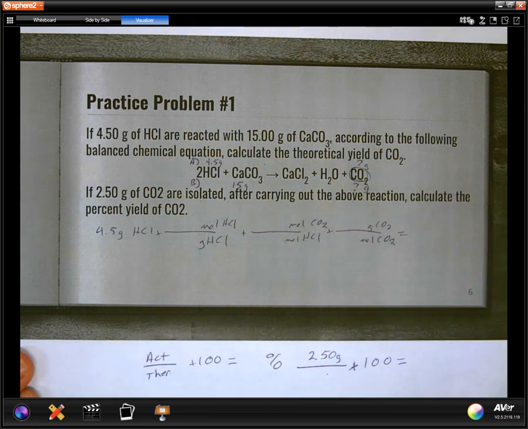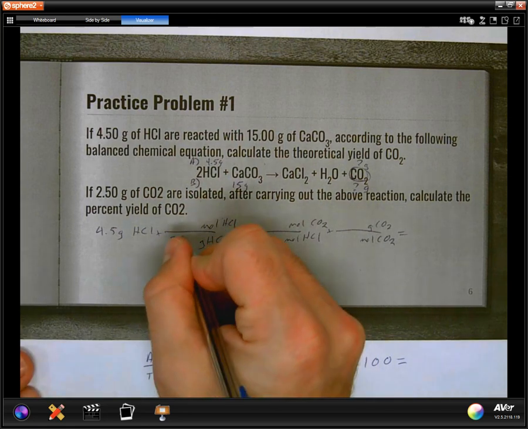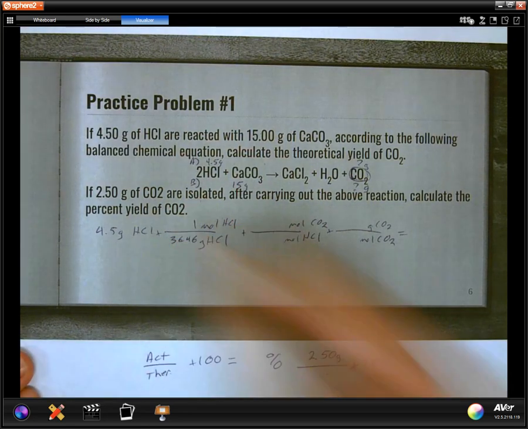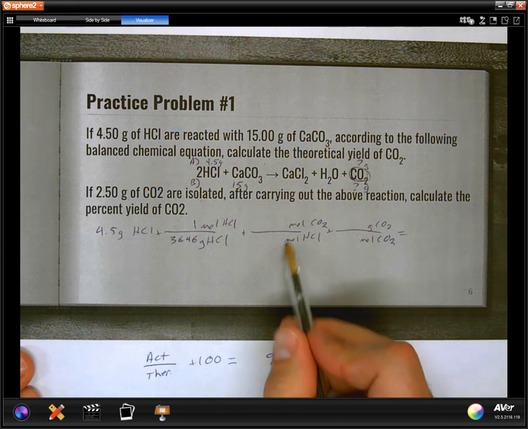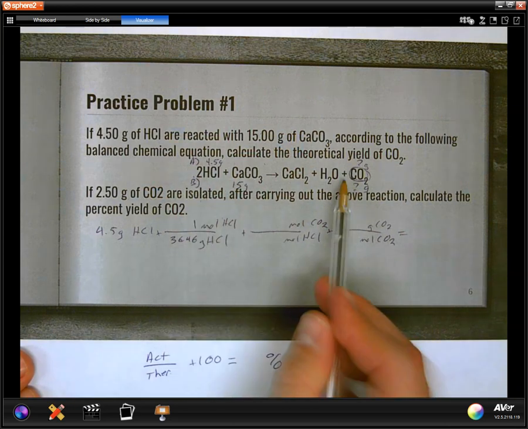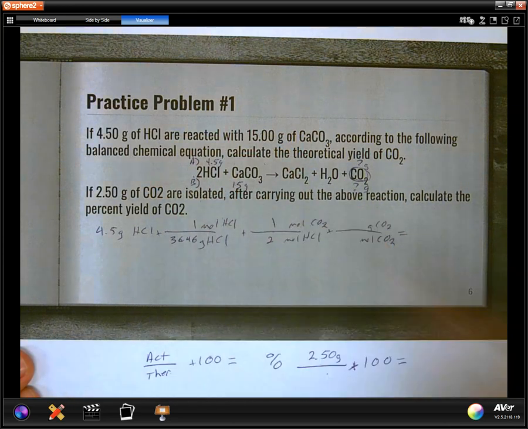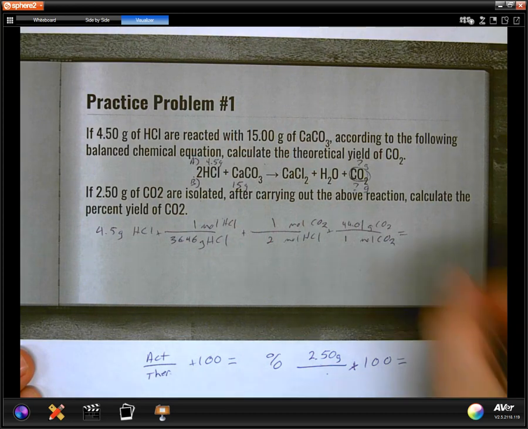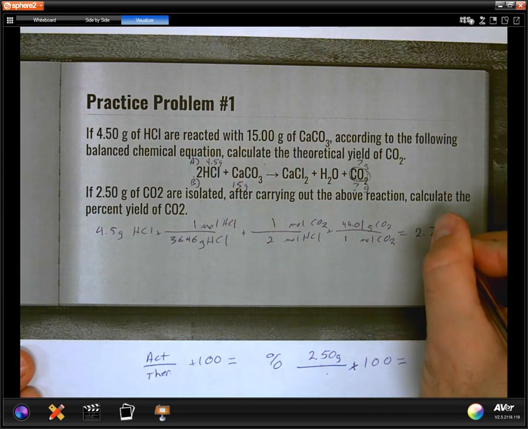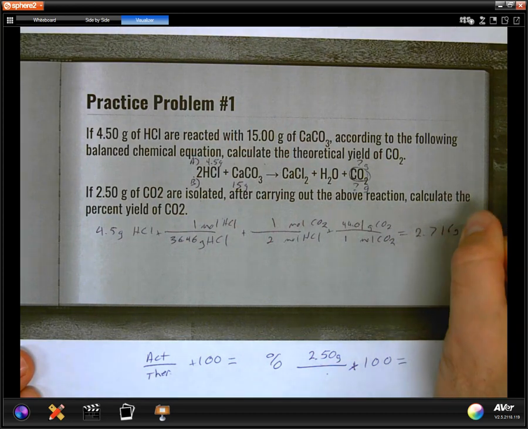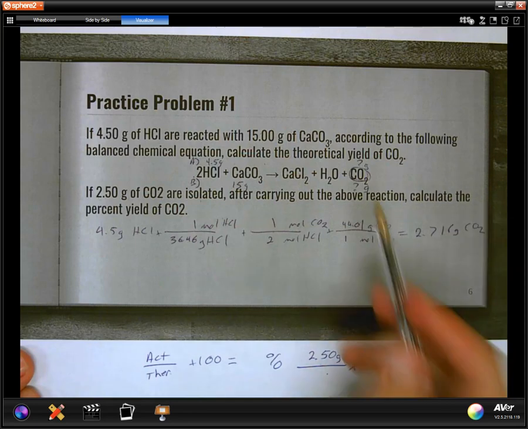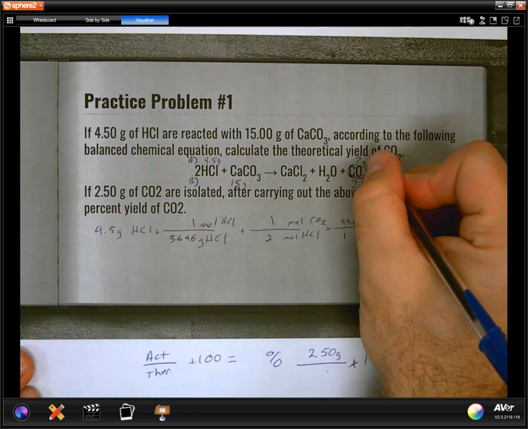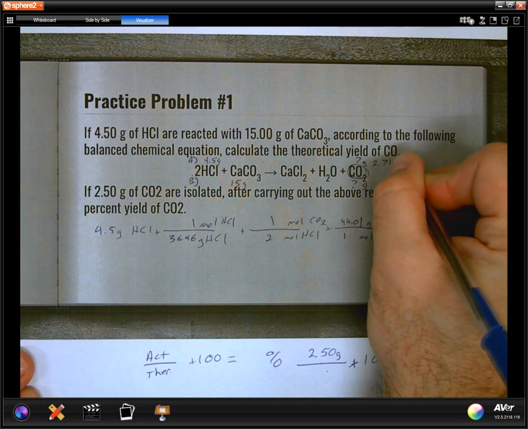As I go through here, if you look at your periodic table, you would find that this is 36.46 to 1 mole. Looking at your conversion problem, you see you have a 2 to 1 ratio, 2 to 1 or 1 to 2. And then again, look at my periodic table, 1 to 44.01. If you plug that into your calculator, you're going to come up with 2.16 grams of CO2. So in scenario A, I came up with 2.716 grams.